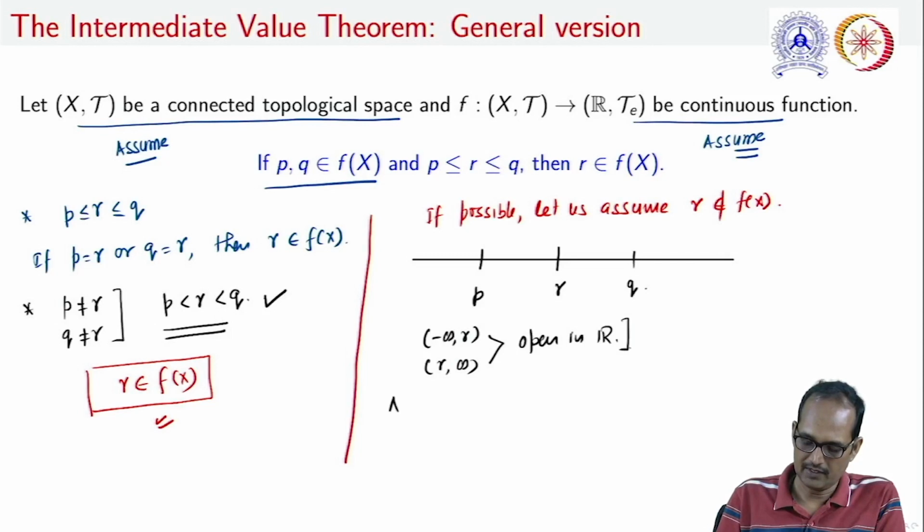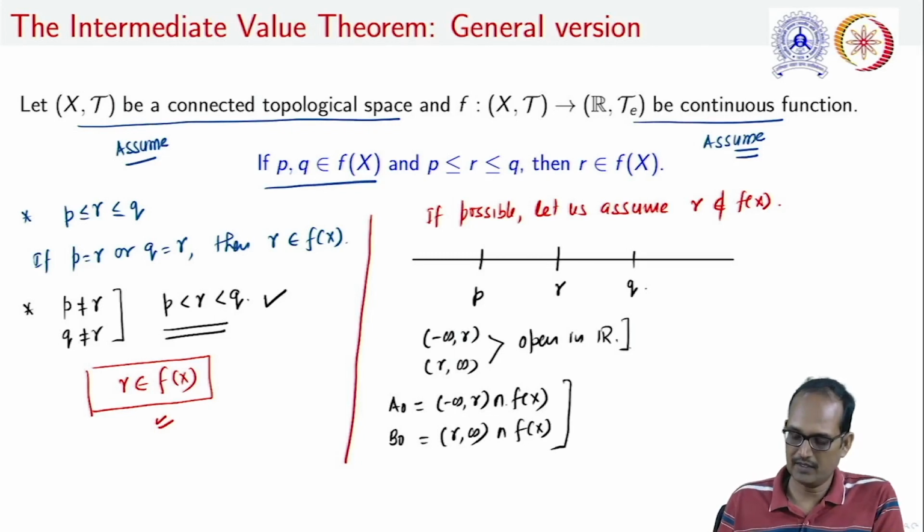Now let us take A naught as the open interval minus infinity to r intersection f(X), and B naught as the open interval r to infinity intersection f(X). What we can conclude from here: note that A naught and B naught are both non-empty, as A naught contains p and B naught contains q.